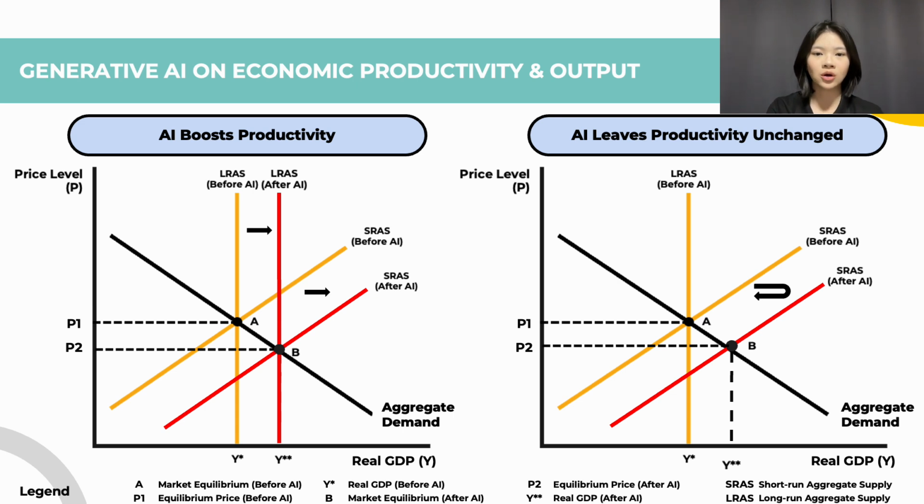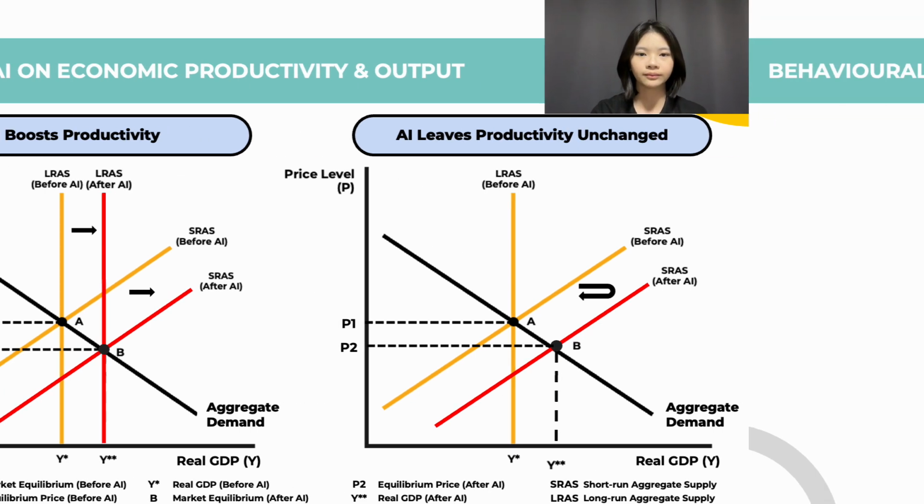This results in the economy moving from point A to B, with GDP increasing from Y star to Y star star. However, if the productivity boost is not sustained, or if other factors such as higher input costs emerge or diminishing returns on AI, the SRAS curve eventually shifts back to its original position. This brings the economy back to point A.